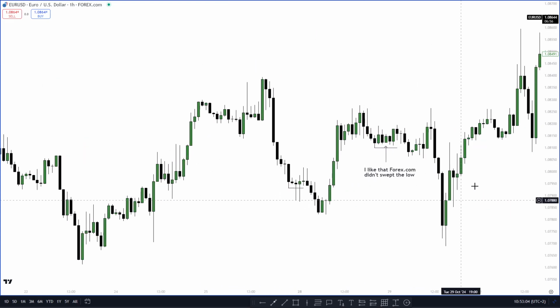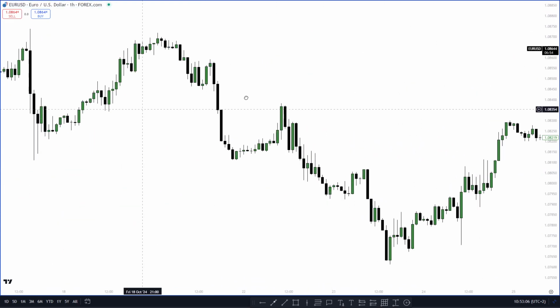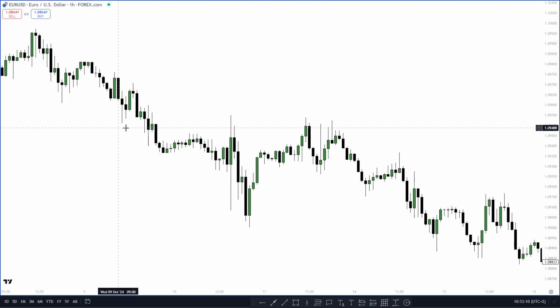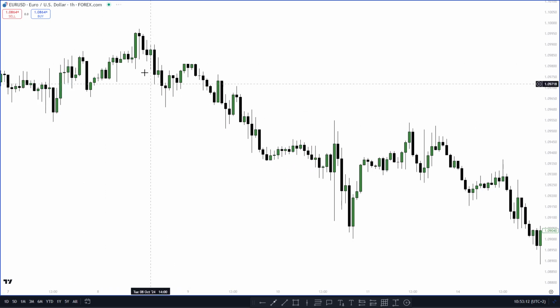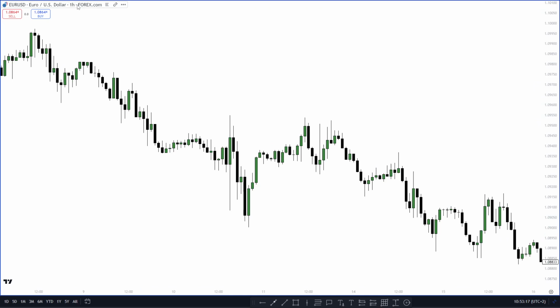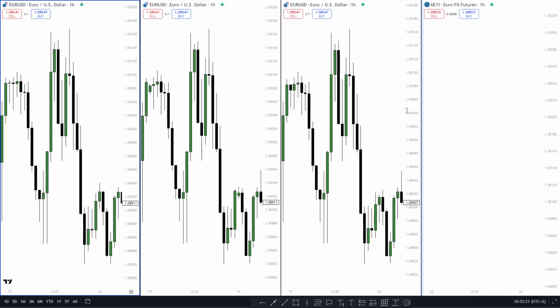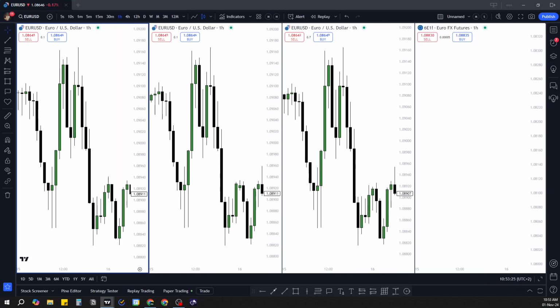If I would trade Forex, okay. If you are very focused on open, high, low, close, choose Forex.com, and that is for the lower time frame.